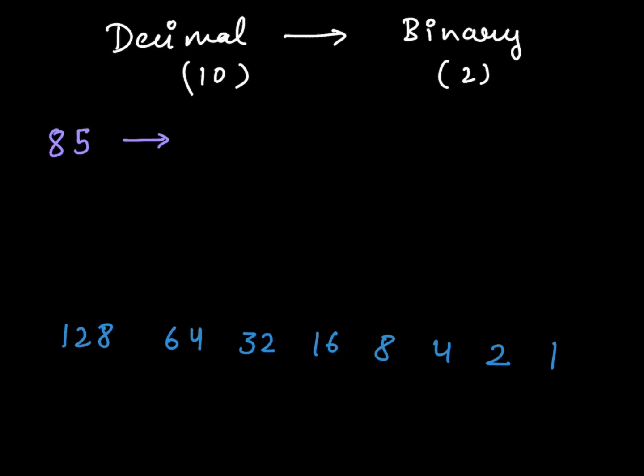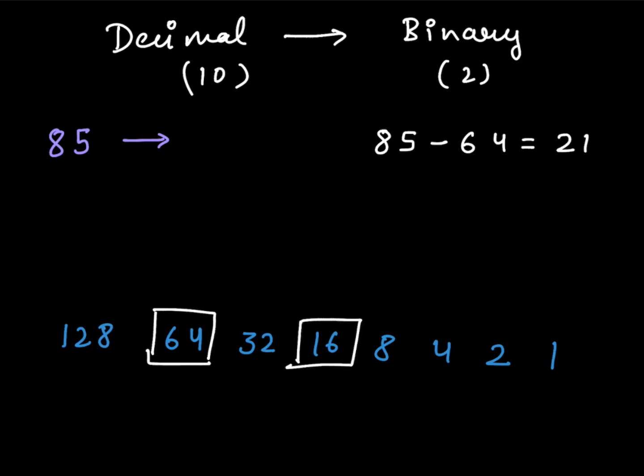Alright, so first we have to look for the highest number that is below 85. That number is 64, which is right here. So we subtract 64 from 85, and we have 21. Now we look for the highest number below 21. That number is 16.